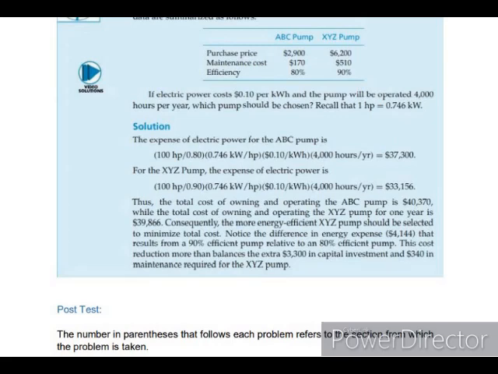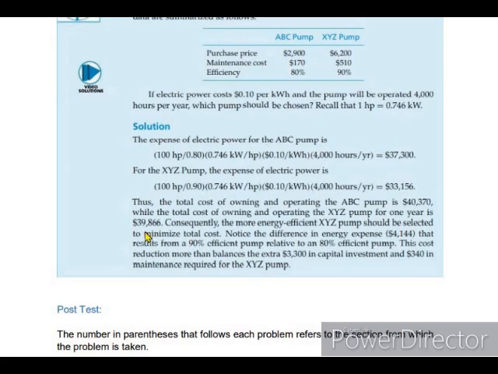Thus, the total cost of owning and operating the ABC pump is $40,370. How do we get 40,370? We just add the expense of electric power that we got for the ABC pump with the purchase price and the maintenance cost. It is the same with the XYZ pump. We add the expense of electric power that we got, which is 33,156, with its purchase price and maintenance cost.